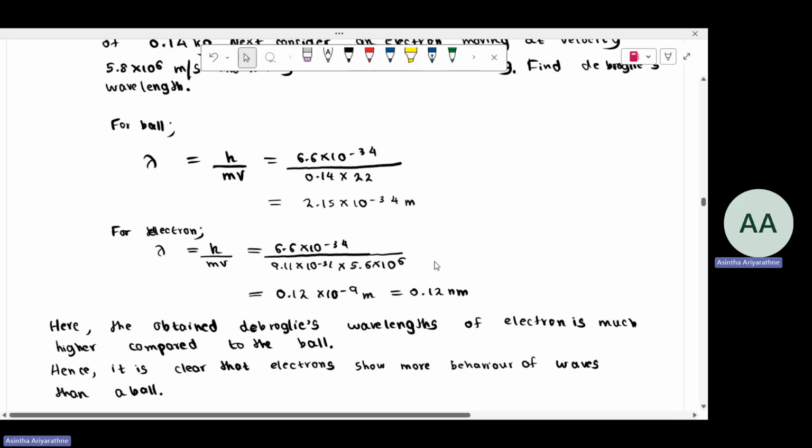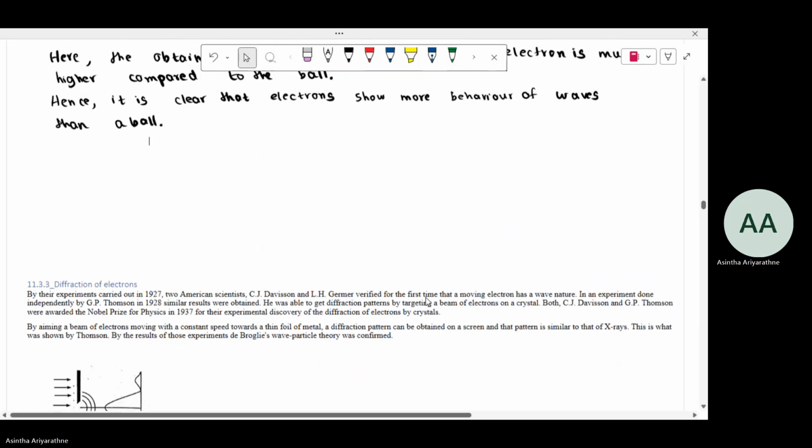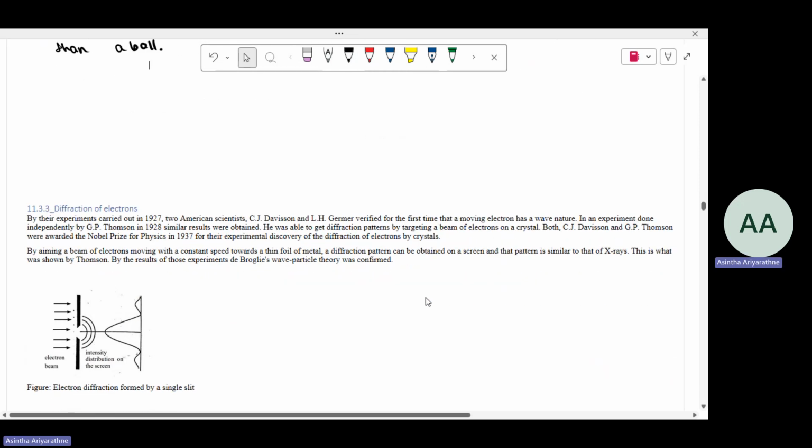But for the electron, we get a sufficiently higher value for the wavelength, which implies that it shows more behavior, more nature, complying with waves. Right? Here, this is another experiment done on electrons.